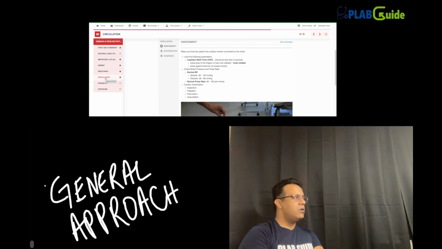Depending upon their COPD status, you can start either high flow oxygen, that's 15 liters, or you can go with a lower one starting with 4 or 5. However, it again depends how hypoxic the patient is. If the COPD patient is badly hypoxic, say for example 82, 83 oxygen saturation, you can start them on high flow oxygen.